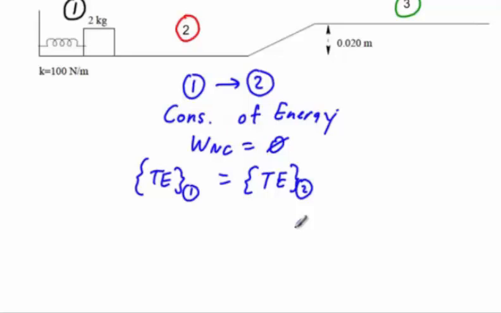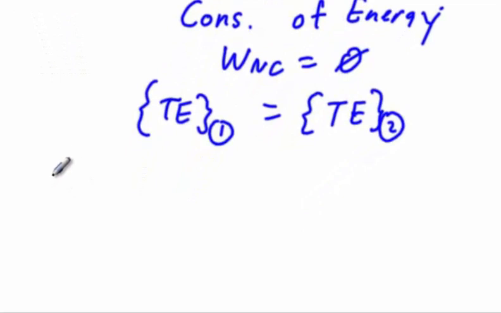At this stage in the course, you typically know of 3 types of energy: kinetic energy, potential energy due to a spring, and potential energy due to gravity. We'll ask about each one of these at moment 1. So, at moment 1, do we have kinetic energy? The answer is no, because it's stationary, and so I'm going to write a 0 representing the kinetic energy.